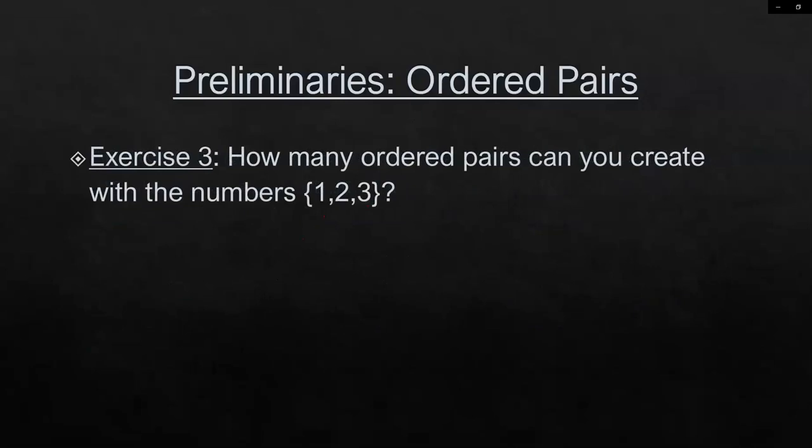So okay, can somebody help me with this one? Can we create some ordered pairs from these numbers here? We did this exercise last time too, but I just want to refresh your memory. Can somebody help me find the ordered pairs that I can make with these numbers?